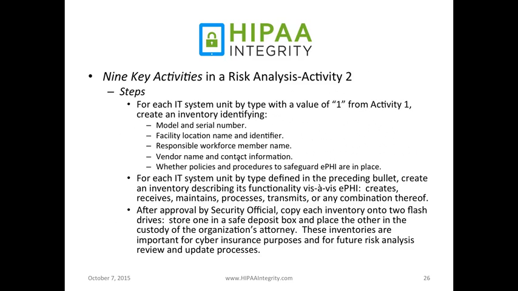Here are the steps. For each IT system unit by type, the value of 1 from activity 1, create an inventory identifying model, serial number, where it's located, and give it an identifier, who is the responsible workforce member for it, the vendor name and contact information, and whether policies and procedures to safeguard EPHI are in place.